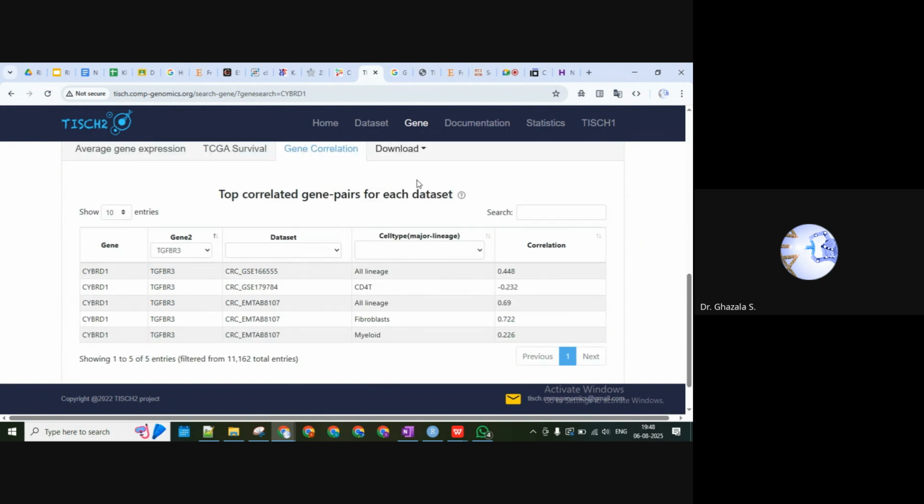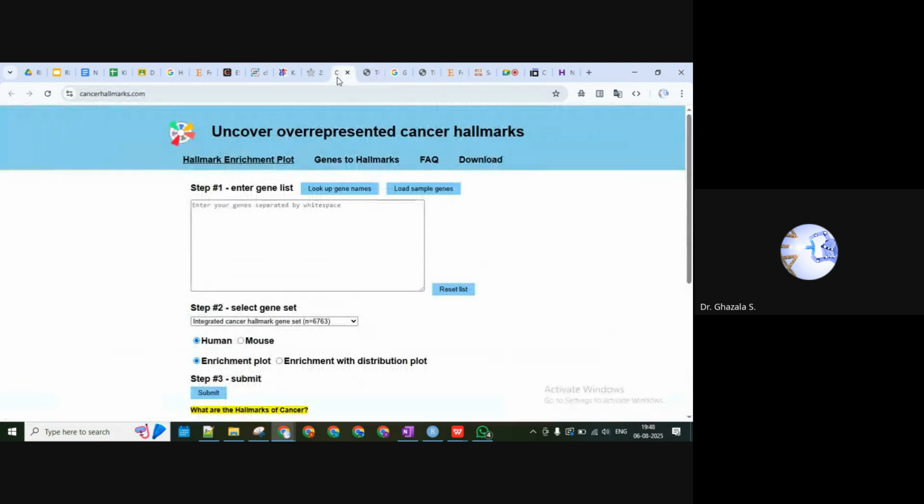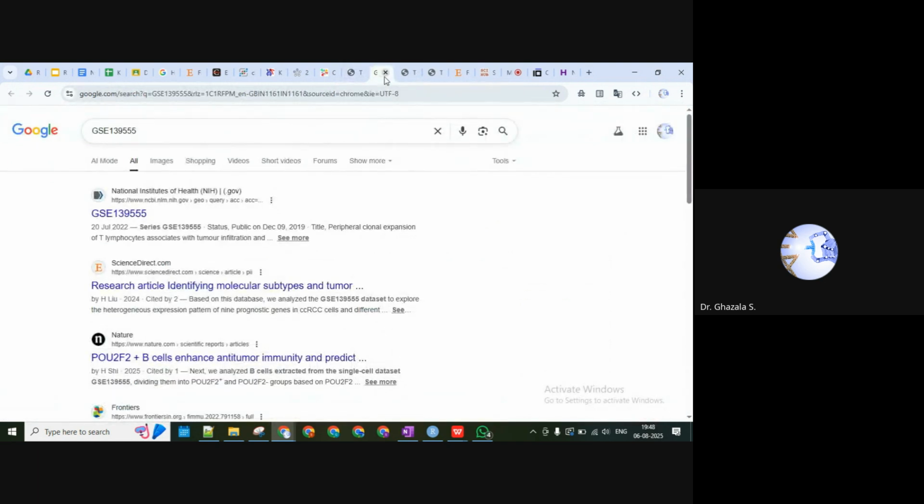Apart from that, there are also other databases, for example TIMER DB, but they are somehow not much better than this. One more thing is that this is specific to immune related tumor cells. For other types of related genes, we can check other databases like TIMER DB and the others that I mentioned.